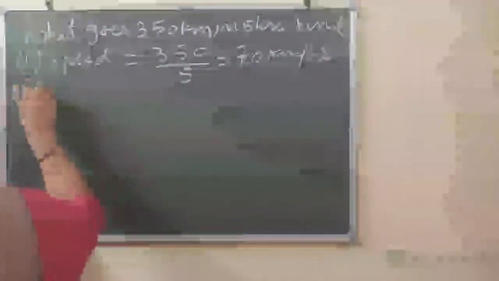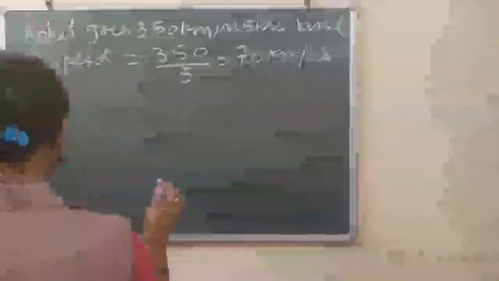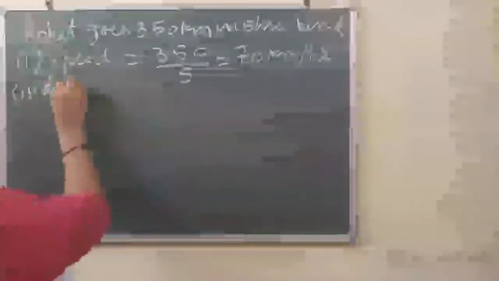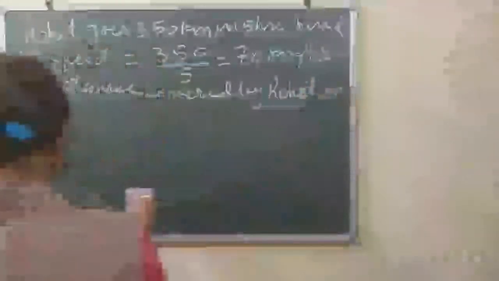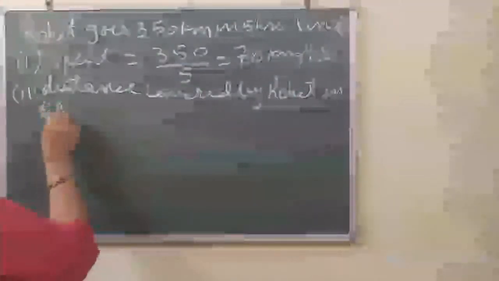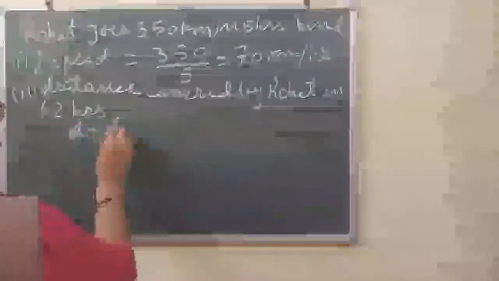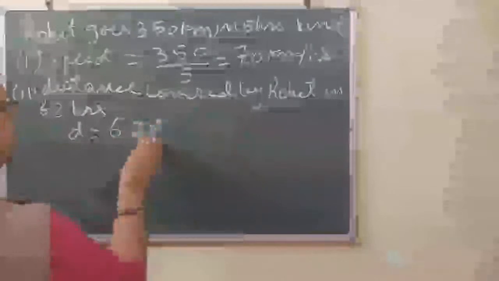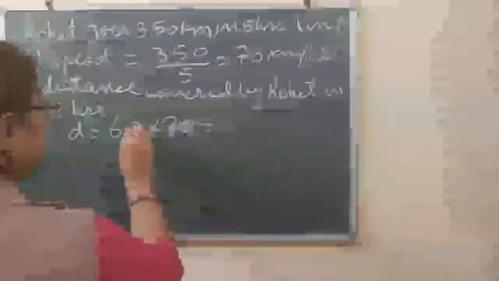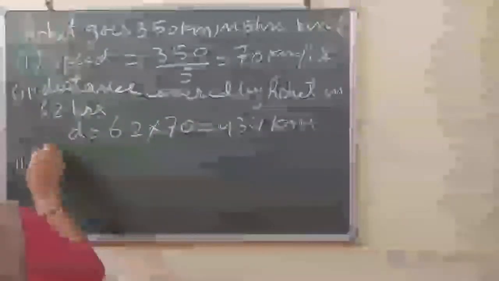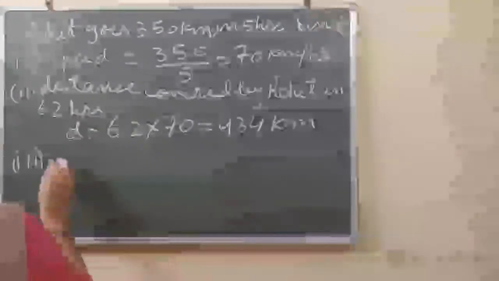And second is what? The distance covered by Rohit in 6.2 hours. So distance will be equal to what? 6.2 into, this is the time, and then speed.